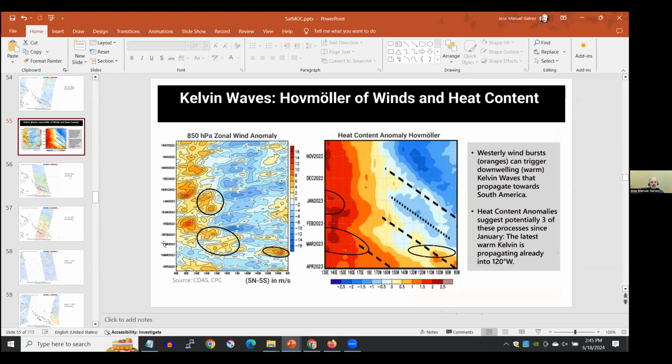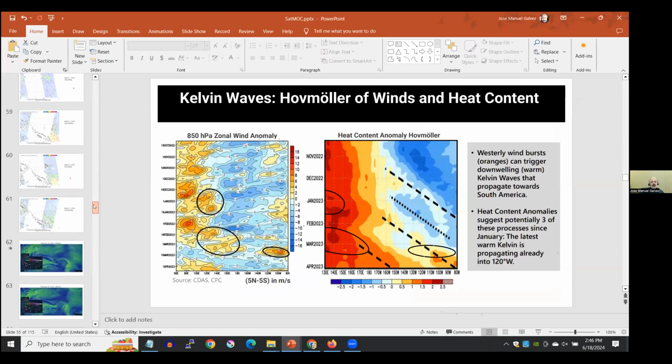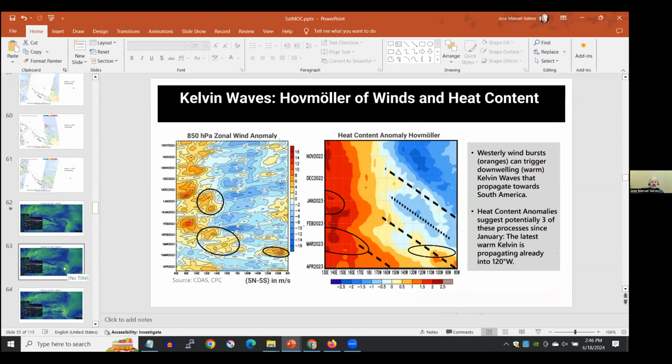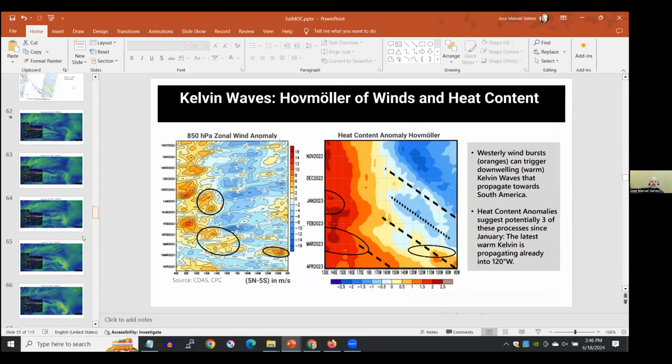So March 1st, 2023, westerly wind bursts, and look, Kelvin wave triggered. And this was caused by the Madden-Julian oscillation. Another thing that can cause westerly wind bursts that can trigger Kelvin waves, and some of them can trigger El Niños, are synoptic evolutions.